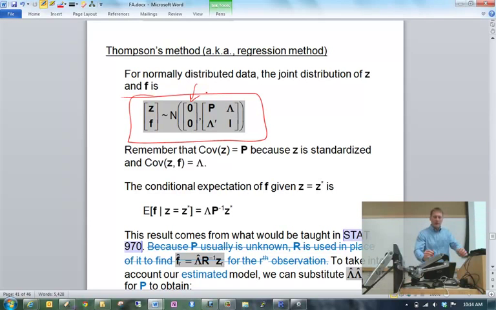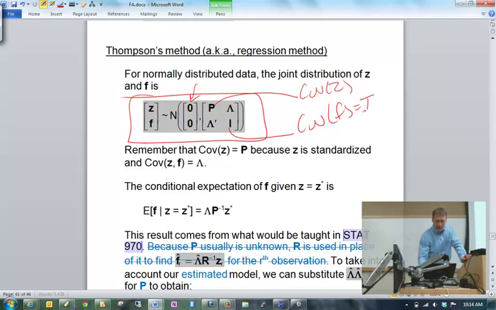And then the covariance matrix is this. The covariance of z, which we've already seen before, is P. The covariance matrix for F is I, the identity matrix, which we've seen before. And then the covariance between the z's and the f's, if you remember, are the lambdas. So this is just a block matrix here, to use some common terminology.